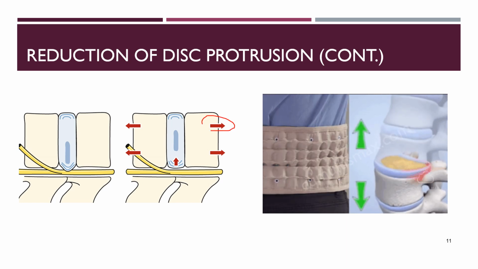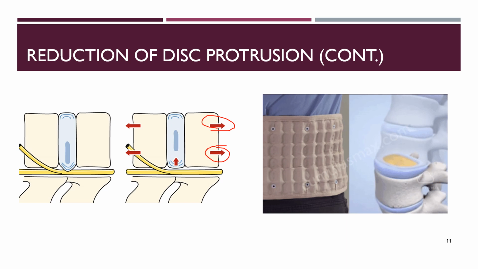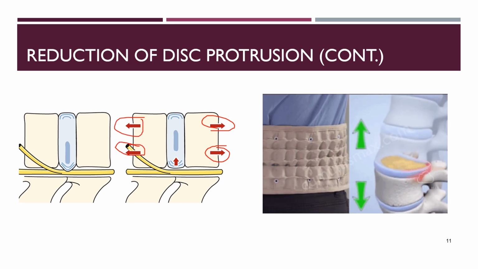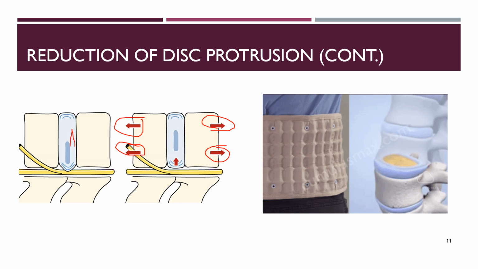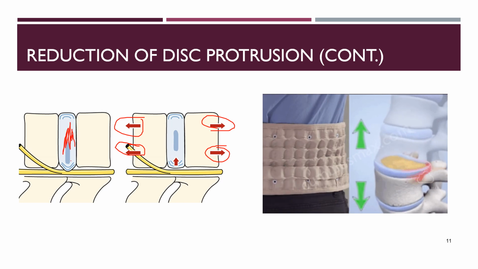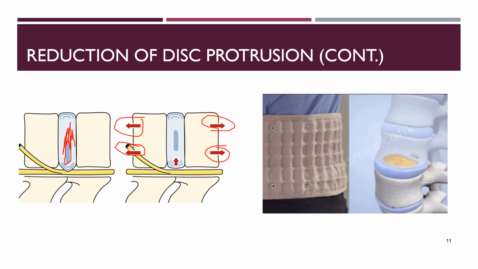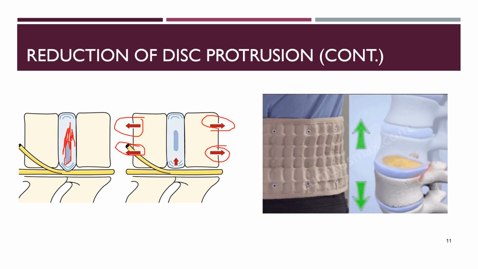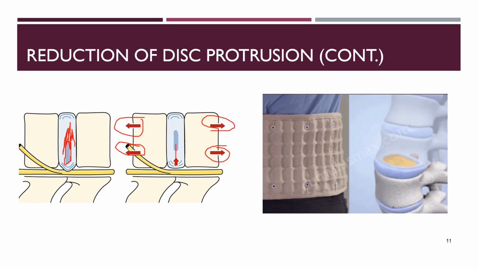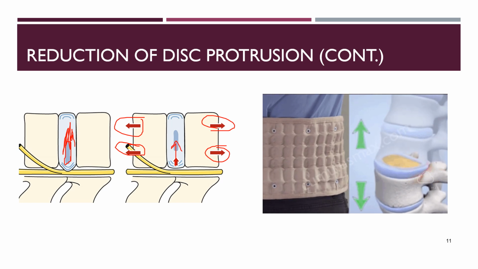You can obviously see we have these forces moving in opposite directions. This is our traction force. That's going to decrease the pressure on this disc, and you can see this is your nucleus pulposus. It's pretty posterior at this moment. As soon as we reduce the pressure on that, now it's going to draw back in.